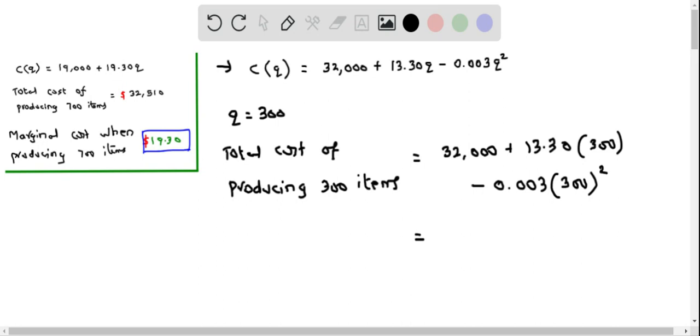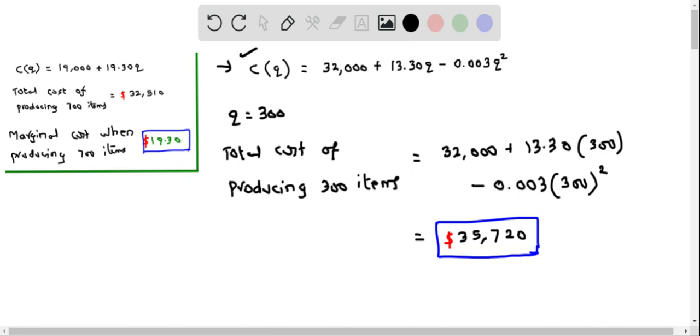And so when we simplify this numerical expression using a calculator, we get 35,720, and this is in dollars. And so therefore the total cost of producing 300 items is $35,720.